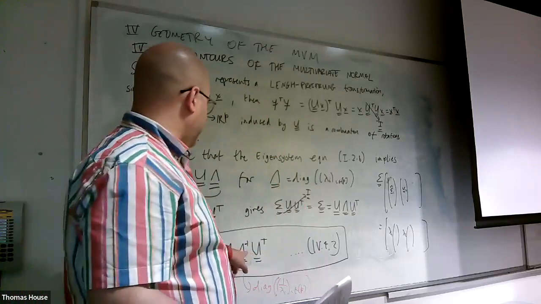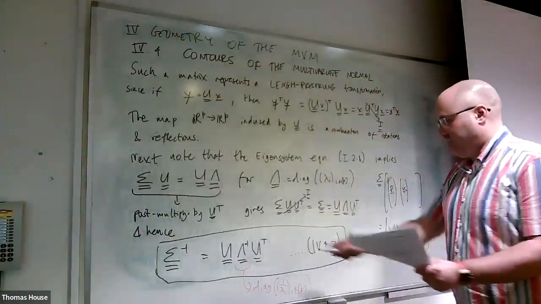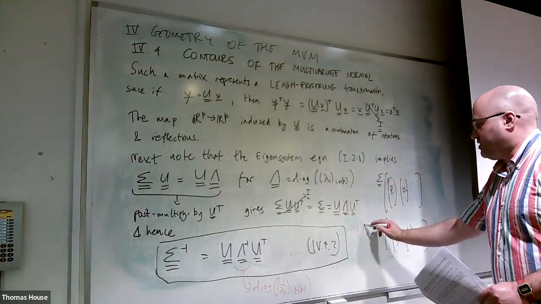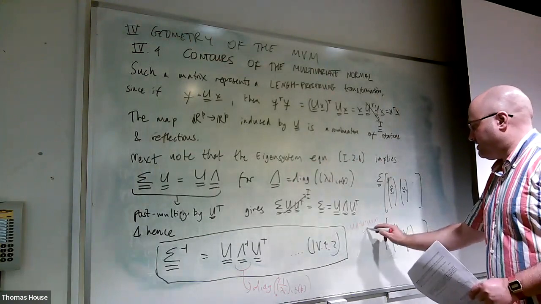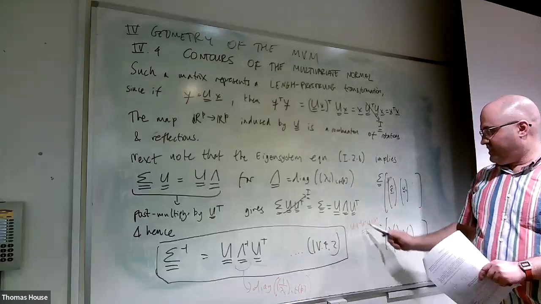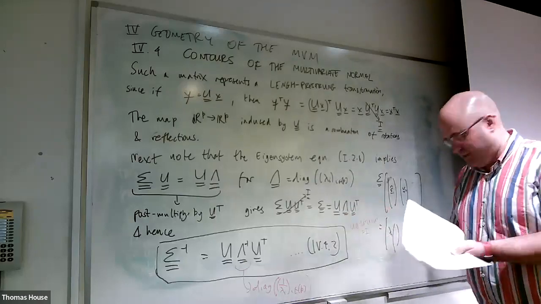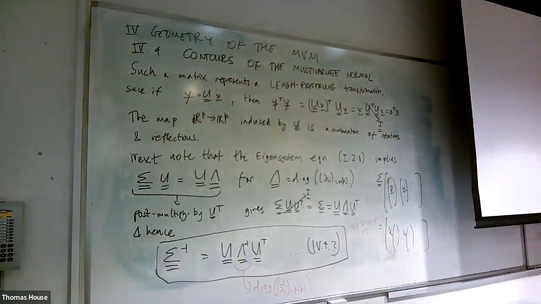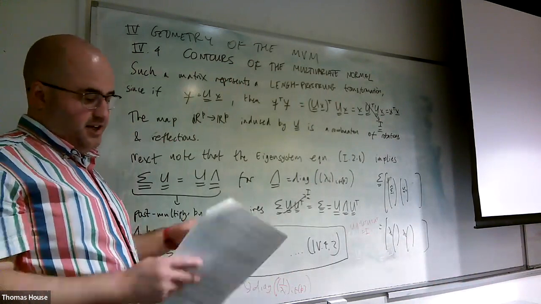And you can look at this and just see that acting. To check why this holds, just note that U lambda inverse U transpose on U lambda U transpose is I. That follows quite straightforwardly. So that is what we want from an inverse for sigma.